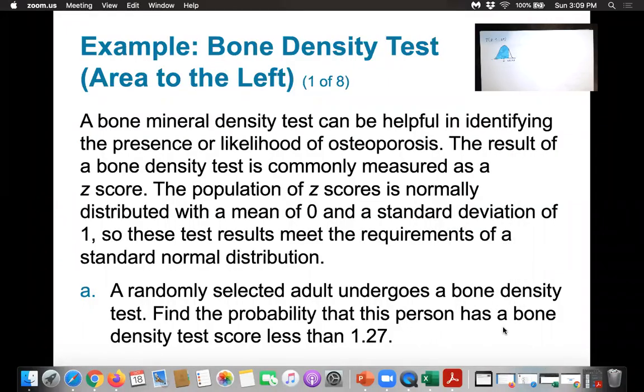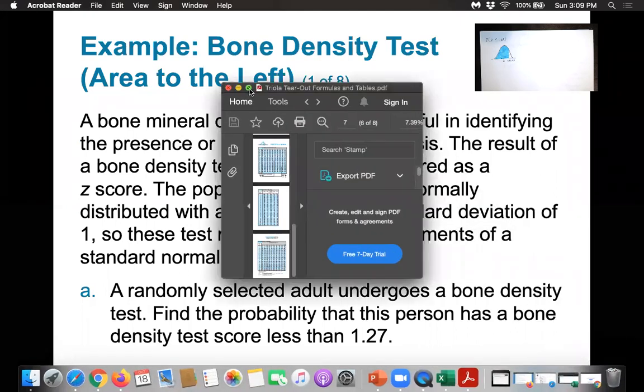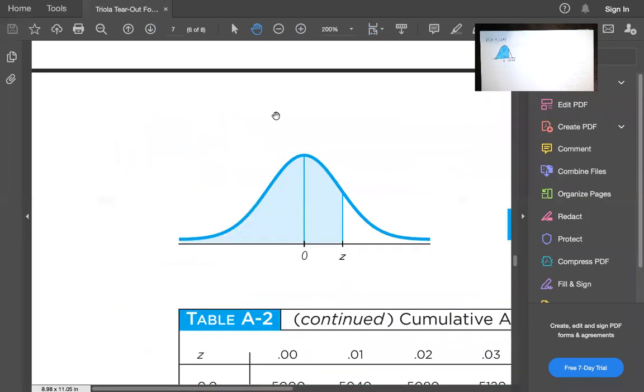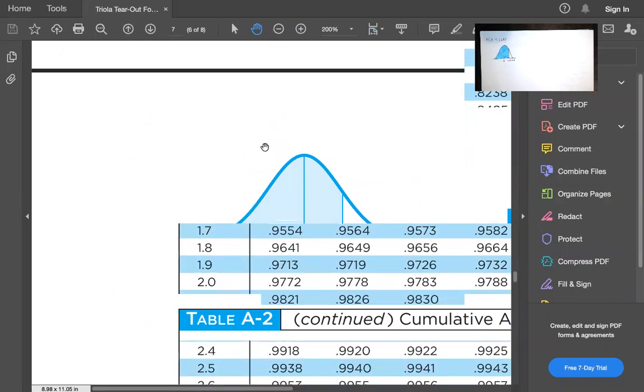In order to figure that out, let's use our table. So z equals 1.27 is positive. So I go to the positive z-scores. And then I go to this first column and I look for 1.2. So there's 1.2, and this is 1.20. This is the area to the left of z equals 1.20.